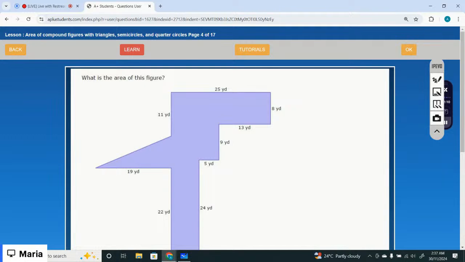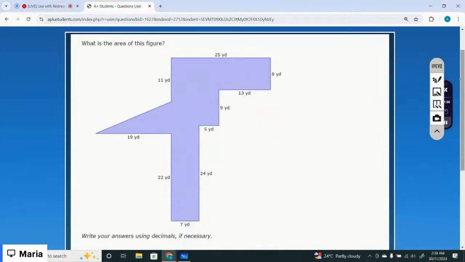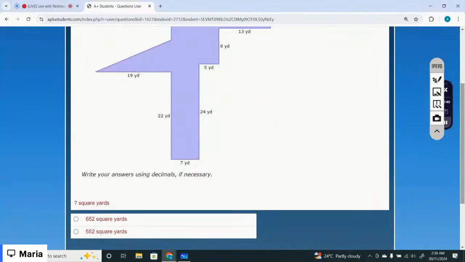Okay, the next one is, what is the area of this figure? So divide the figure into smaller portions. Now you have one, two, three, four, and five figures. Just calculate their areas using their formulas, and you have to do the calculation.